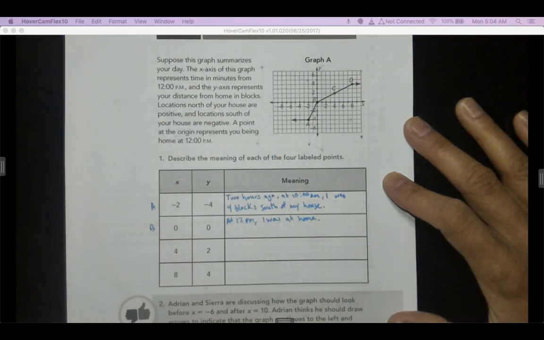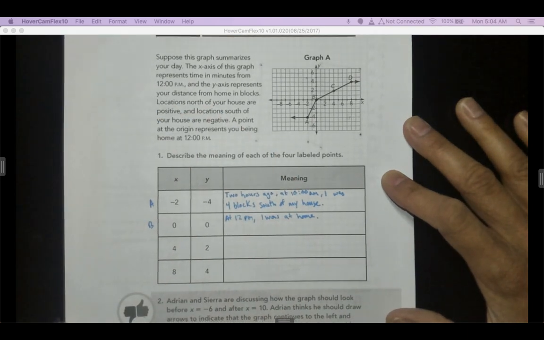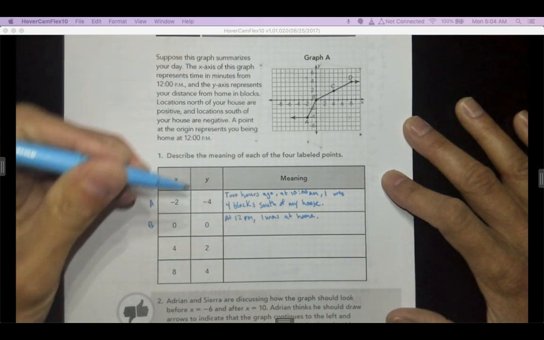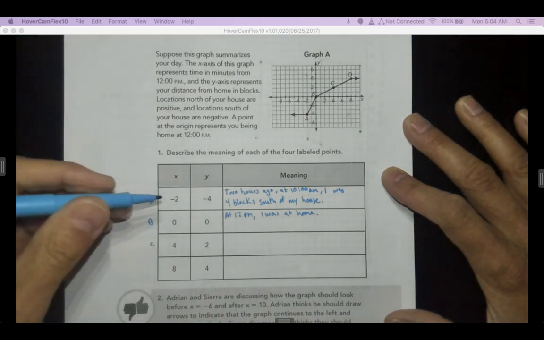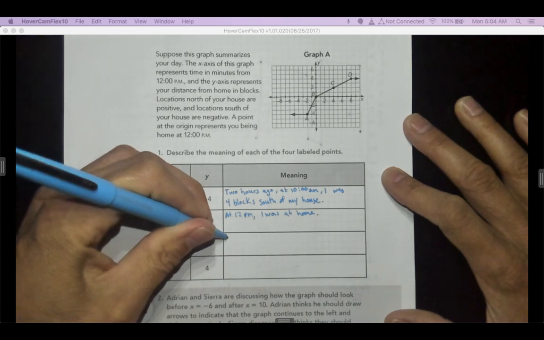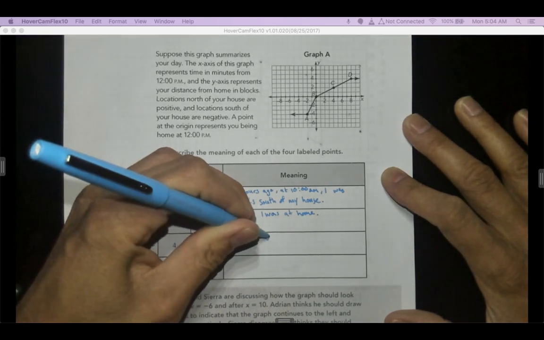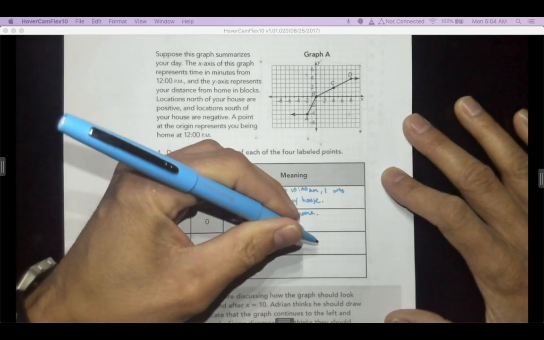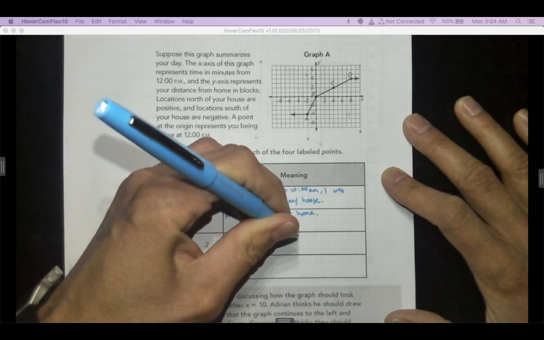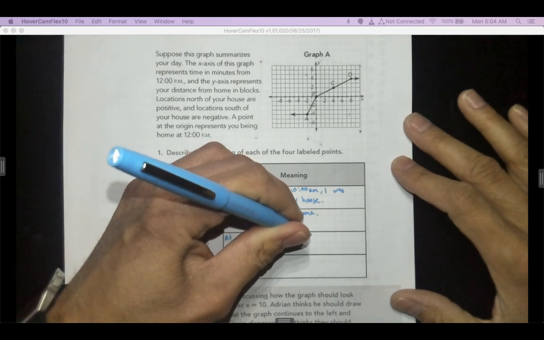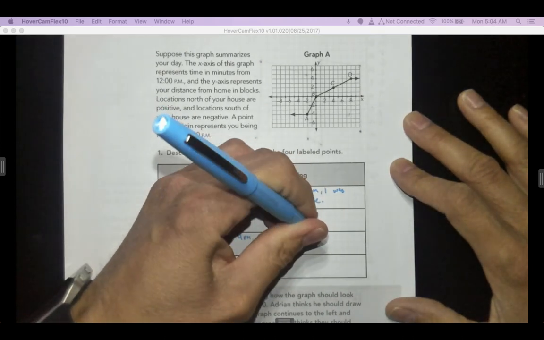Okay. The next point here is 4, 2. Go to 4, go to 2, that's point C. At 4 p.m., I was 2 blocks north of my house.